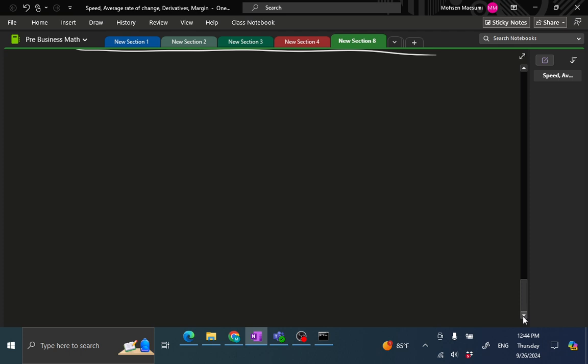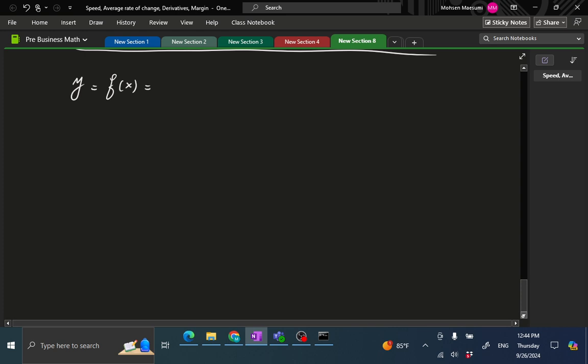So suppose I have a function, y is equal to, call it f of x, and let's have a simple function like 5x plus 6.